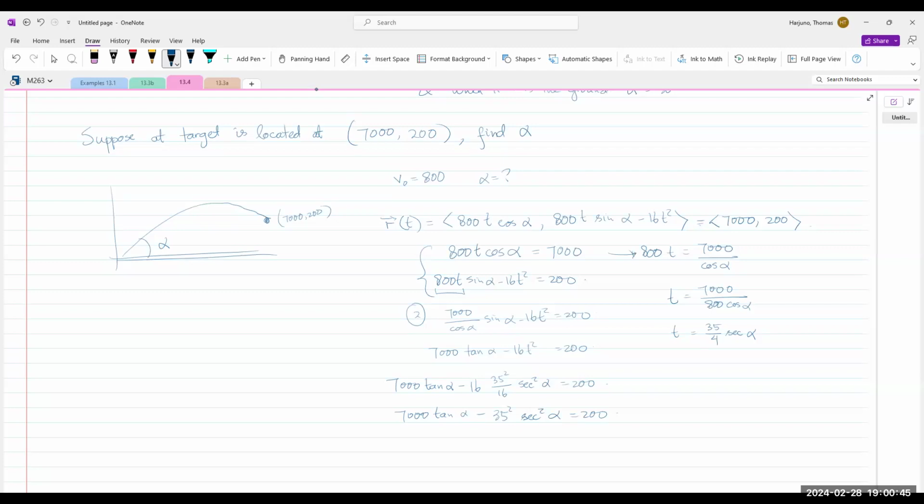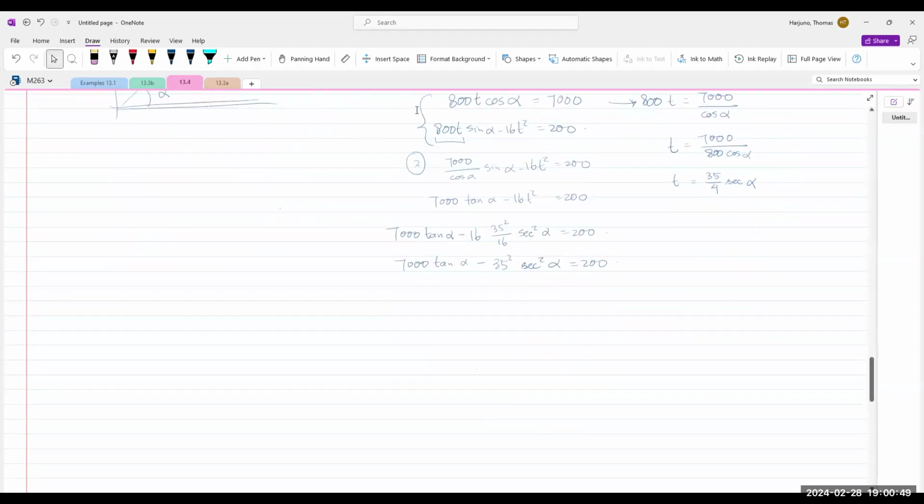Okay, I suppose you are able to do this on your own. But let me give you more steps. I will rewrite that secant squared alpha as tangent squared alpha plus 1.